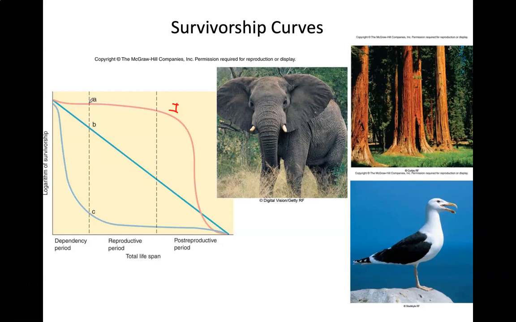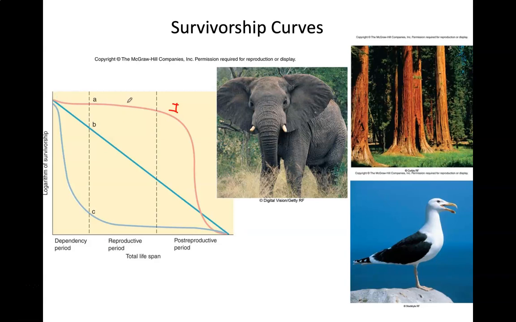Whatever organism you are, you're depending on your parents to help you survive. Then reproductive period, still pretty high survivorship for type 1. And that goes on until you get to post-reproductive period. And then that's when survivorship drops off pretty quickly.